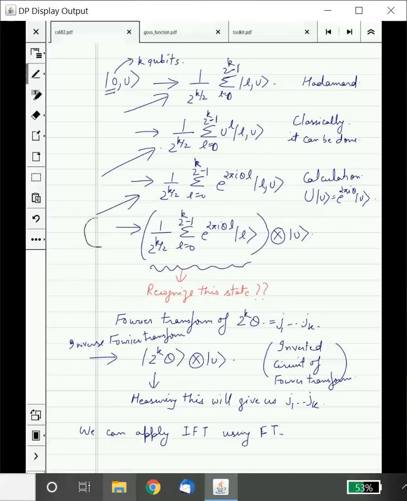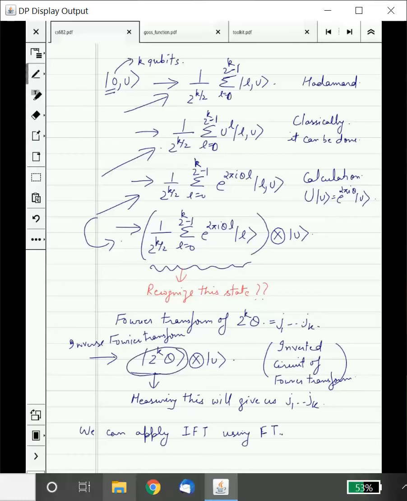These show that our first part of the register becomes a Fourier transform of the quantity we need. We needed 2 to the power k times theta, and the first register is the Fourier transform of that quantity. Let's take the inverse Fourier transform. That finishes the proof of phase estimation.